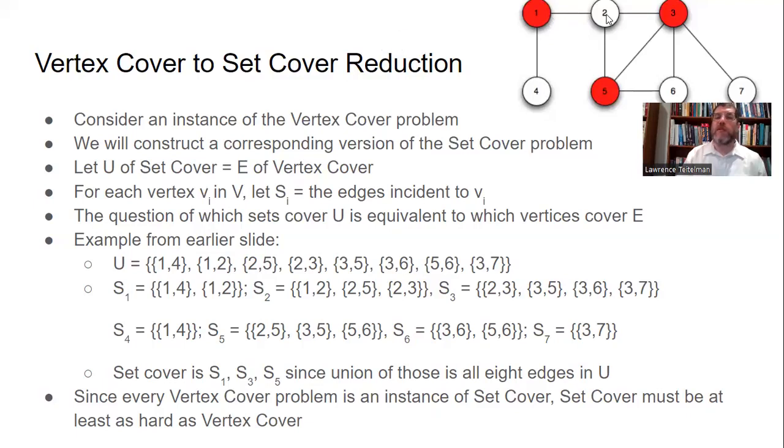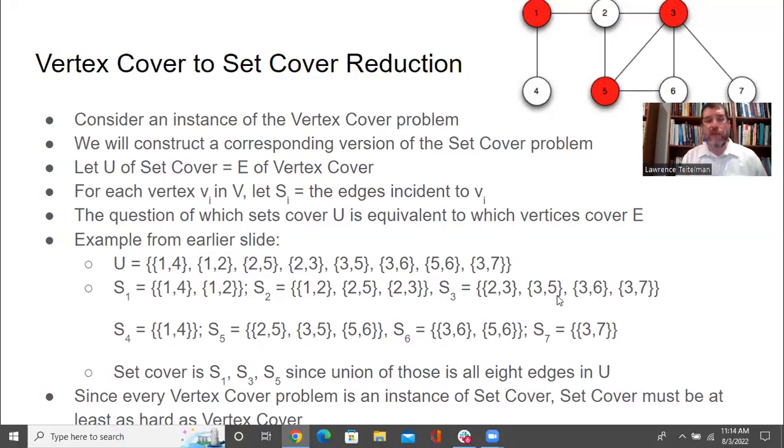Our second subset is going to be 1-2, 2-5, and 2-3. Again, we don't care about the direction of the edges. So for each vertex, we say what are the edges that are incident to it. That's what this is doing. It's saying S2, S3, and so on. I got my chat box in the way, so I'm going to move it out of the way. So we have 4 edges.